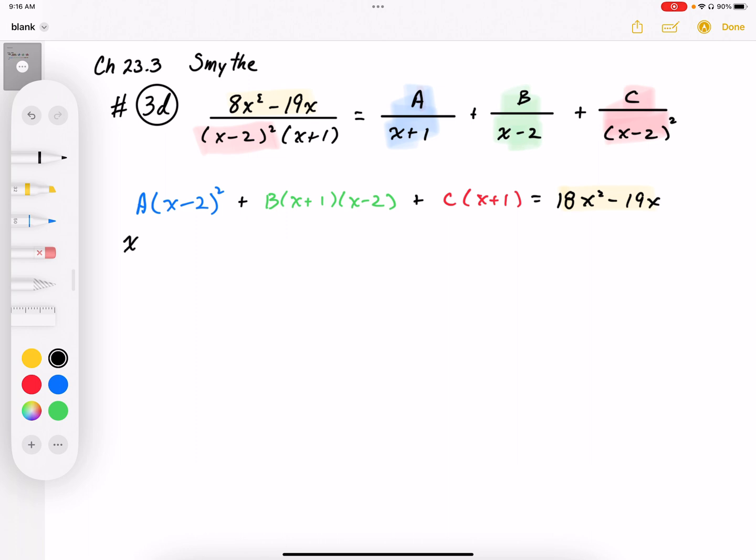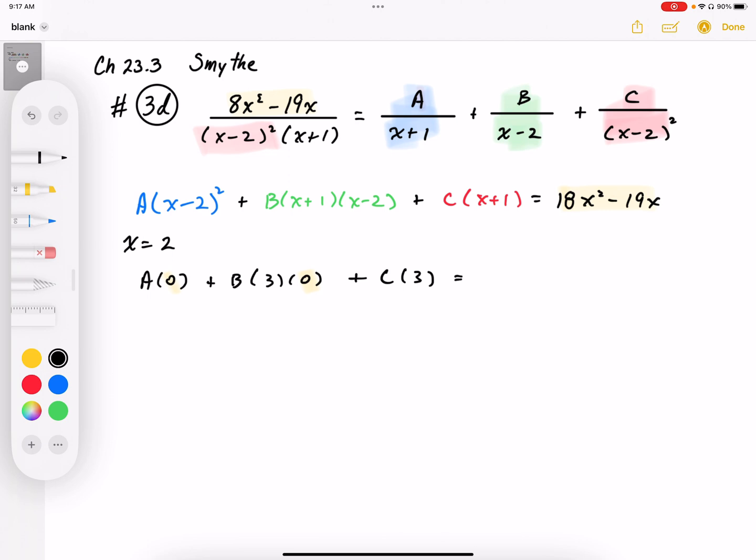So I'm going to let x equals 2. When I do that, I get a times 0 plus b times 3 times 0. And the 0 is what I'm looking for, because that eliminates those two coefficients. Plus, I can put x equals 2 in here, and I get c times 3. Then I plug x equals 2 into this expression.